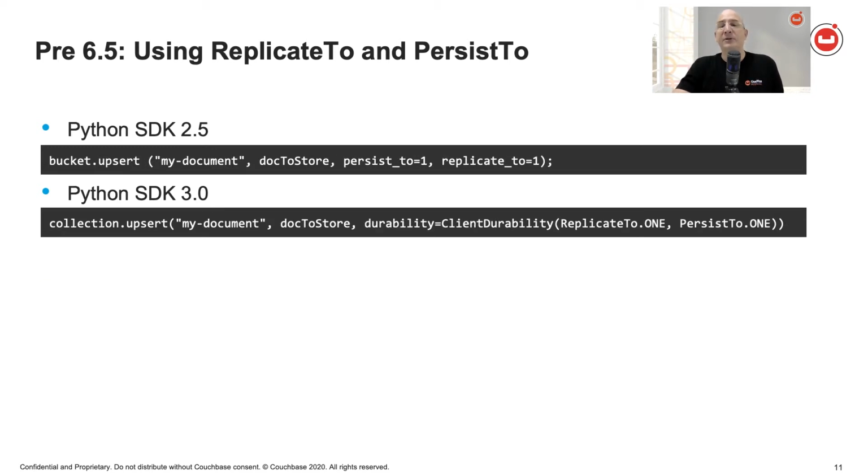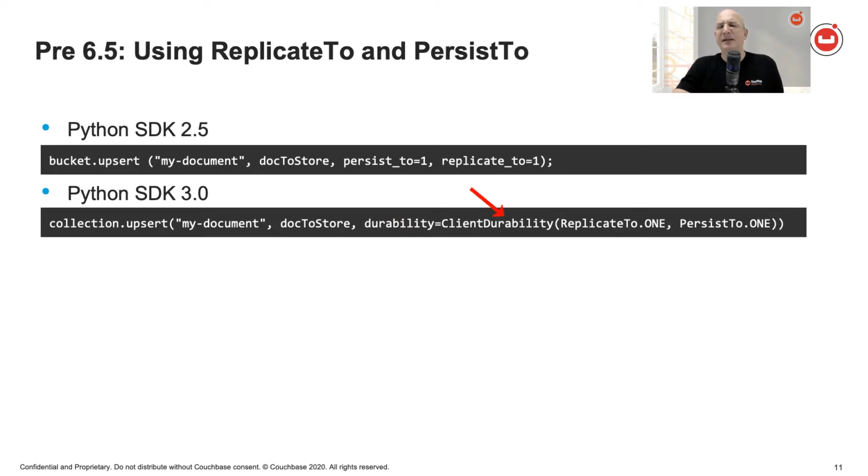Here's an example using Python SDK 2.5 and 3.0. Notice the change in the new SDK 3.0 with the durability parameter that holds the durability options. The replicate2 and persist2 options are set in the client durability object.